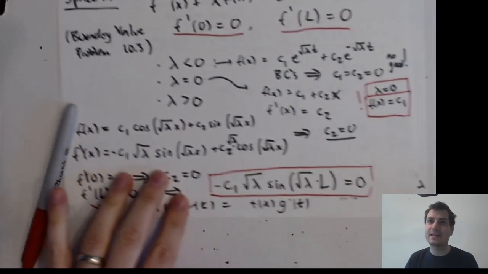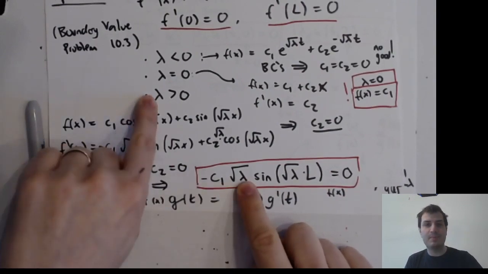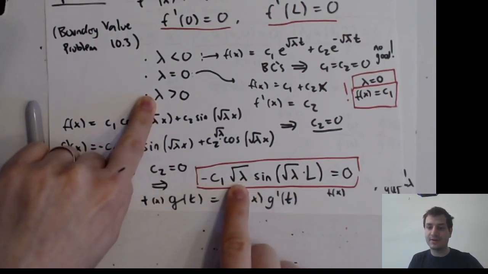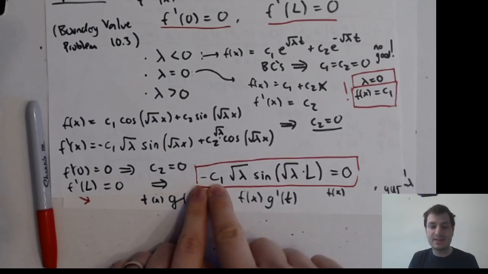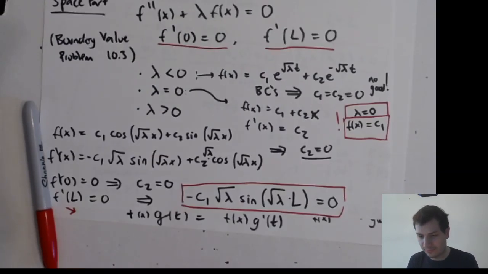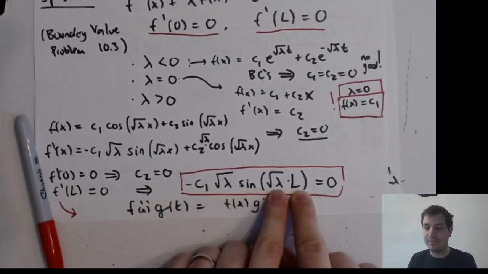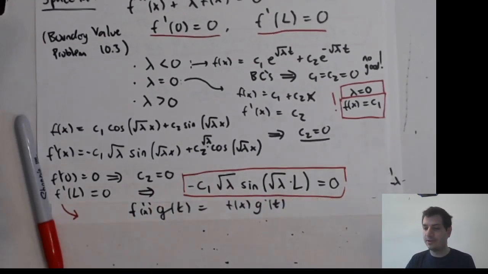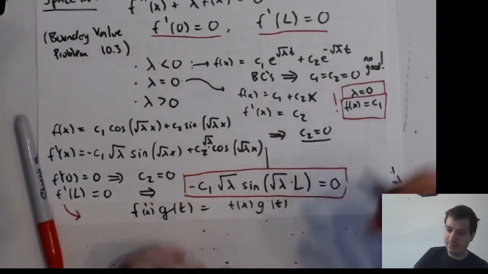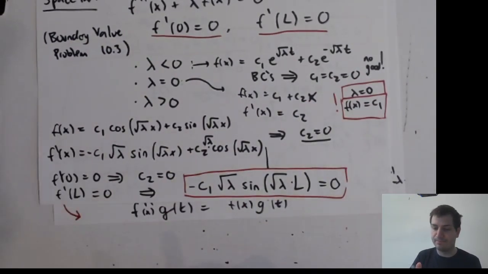And this is the exact same kind of thing we got before. Lambda is bigger than 0, so this is not 0, this isn't 0. So that means that c1 can be anything as long as the sine of square root lambda L is equal to 0. So this gives you the quantized type solutions for lambda.